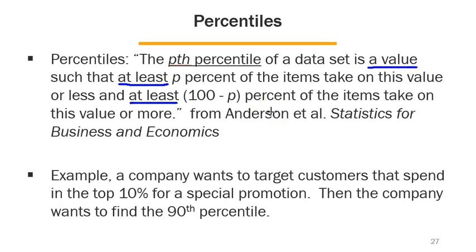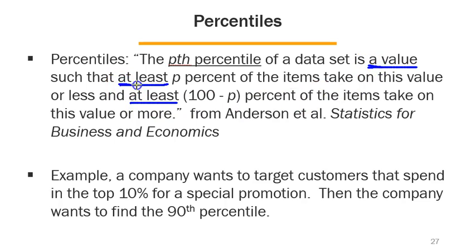There can be more than one way of getting this value. In fact, there are multiple ways of finding percentiles empirically, and they don't always necessarily yield the same value. So it's a value that meets this definition.